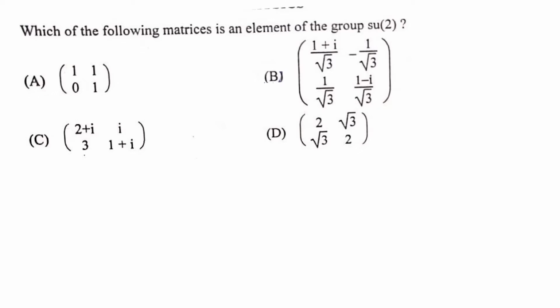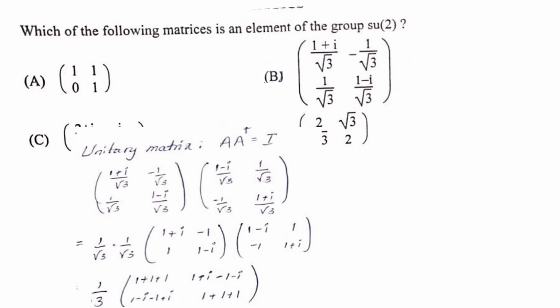Therefore, from the definition of unitary matrix, if suppose A is a unitary matrix, then product of A with its Hermitian, that is A Hermitian, should be equal to I, where A Hermitian is nothing but transpose of complex conjugate matrix. Therefore, A is here, if you consider this one, so 1 plus i by root 3, minus 1 by root 3, 1 by root 3, 1 minus i by root 3, this one is A.